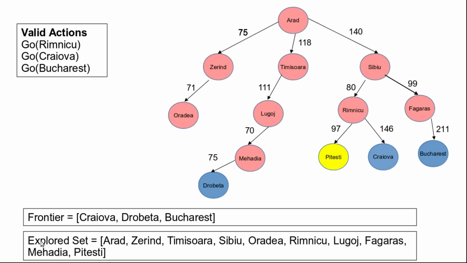Râmnicu is already present in the explored set, so no new node will be generated for it. However, Craiova and Bucharest are not present in the explored set, but they are present in the frontier list.